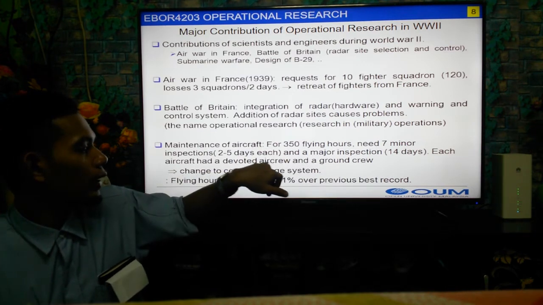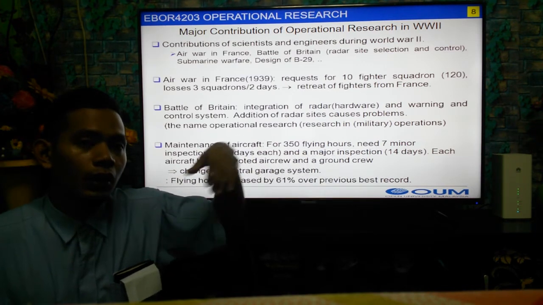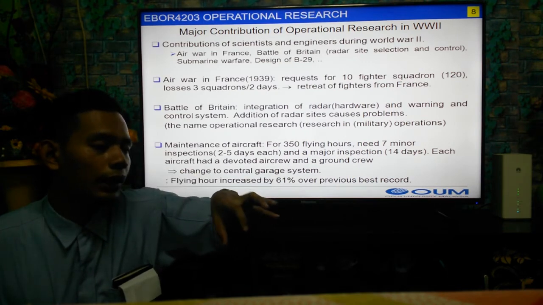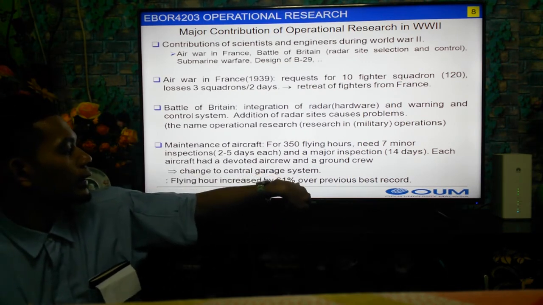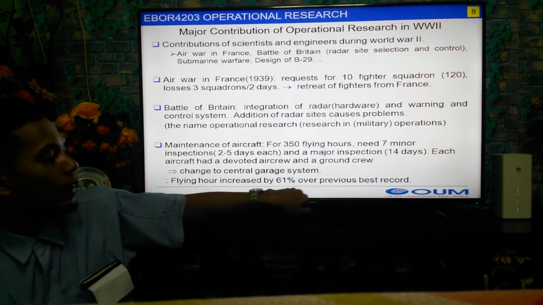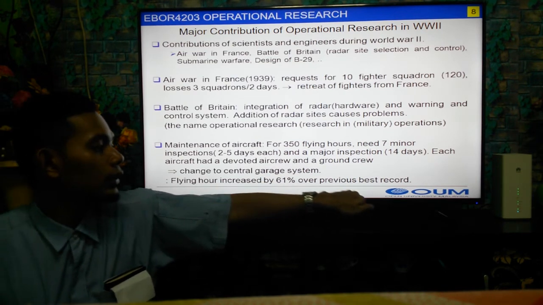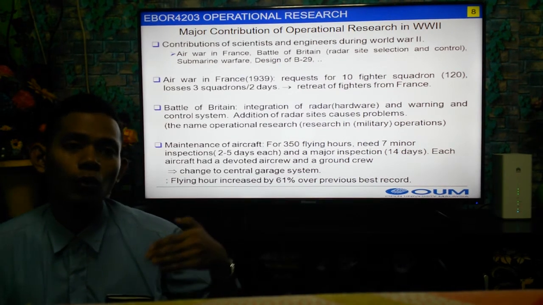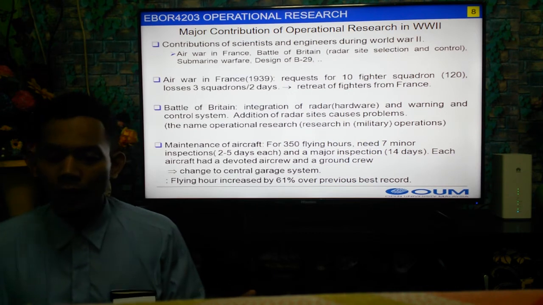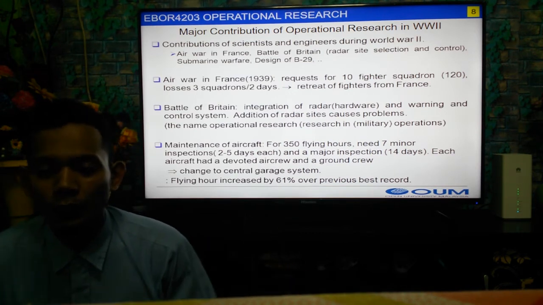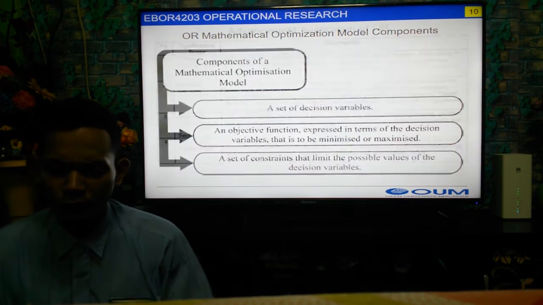So each aircraft had a devoted air crew and ground crew, getting support directly from the ground crew, and they changed the central guard system. This operational research increased the flying hours of the Allied force aircraft by 61% over the previous best record, so more than half of the flying hours were improved using operational research.